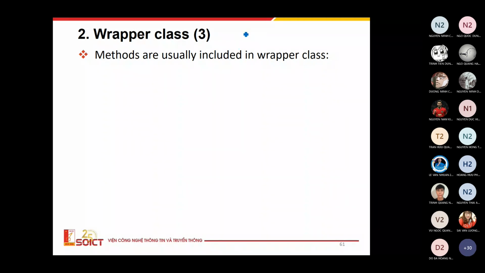For primitive data, you just have data, but for the wrapper class you have a class, which means you will have attributes and methods. The attribute is to store the data, but you also have supporting or utility methods to use with this kind of data.